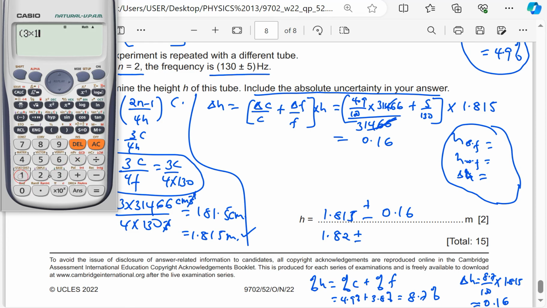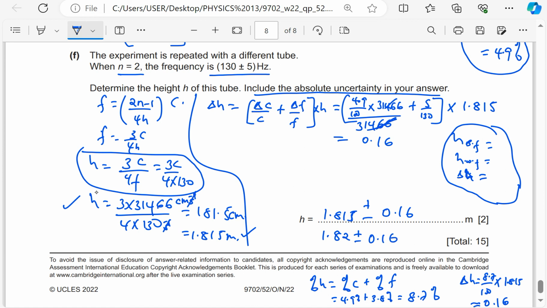So this could also be 1.2 plus or minus 0.16.